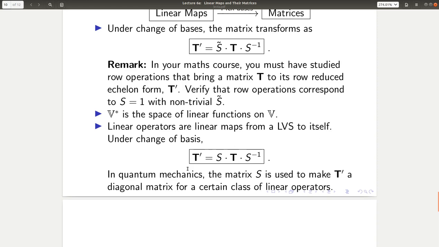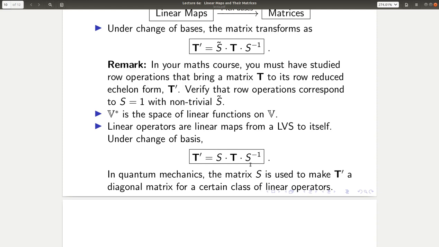In quantum mechanics, linear operators will play a very important role. For instance, time evolution will be given in terms of some linear operator acting on the state of the system. So although we are doing what appears to be pure math, these things will have direct applications in quantum mechanics.